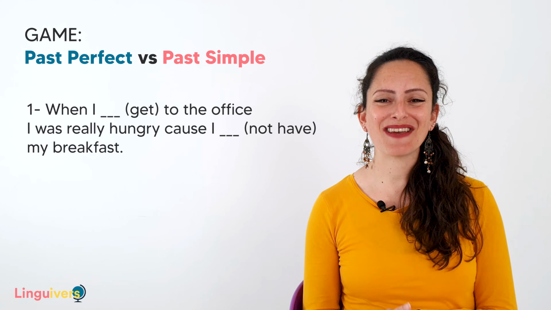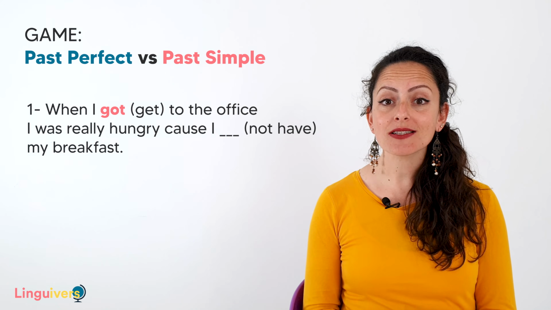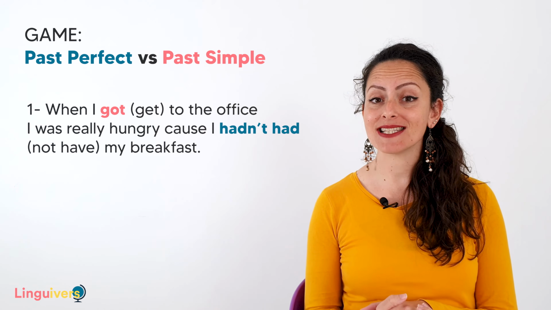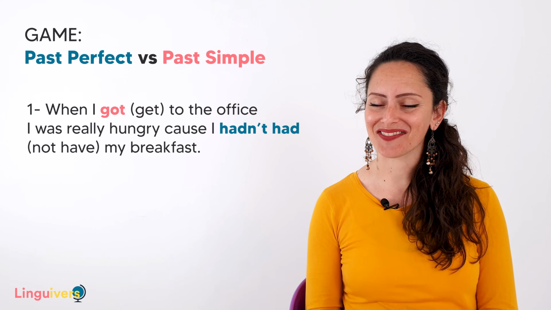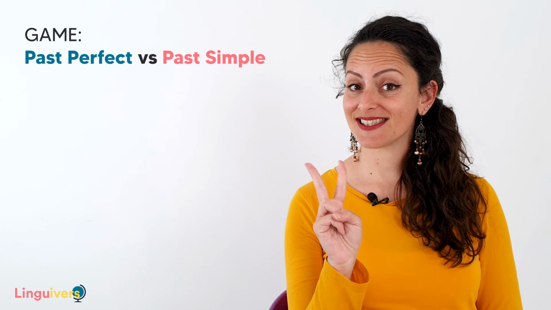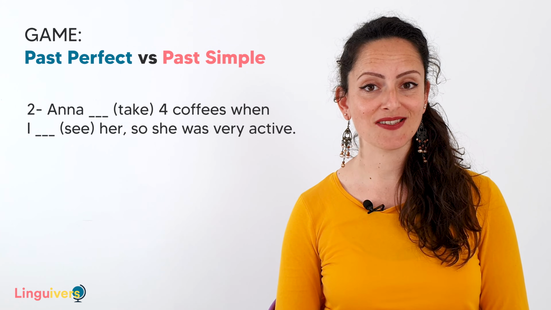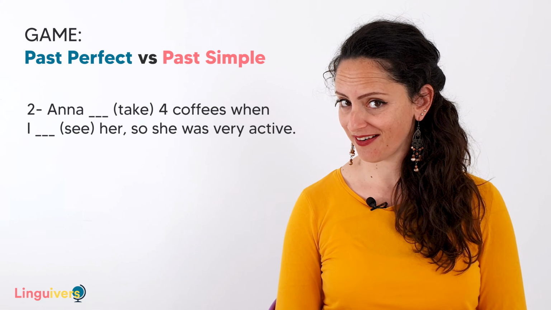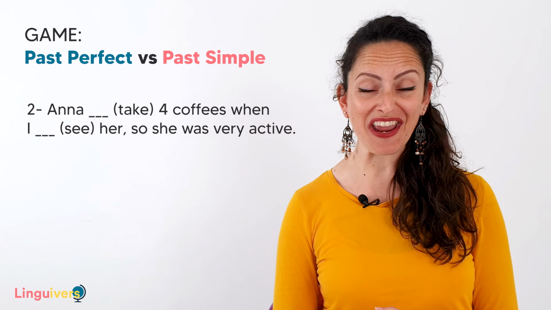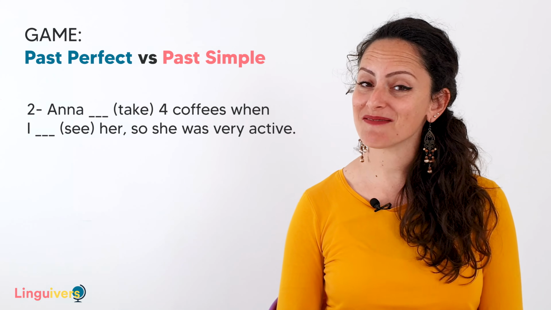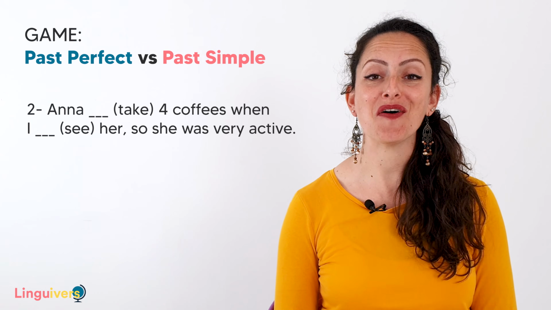Yes, and the best option is when I got to the office, I was really hungry because I hadn't had my breakfast. Second sentence. Anna 4 coffees when her. So she was very active. Which one should take the past simple and which one should take the past perfect?